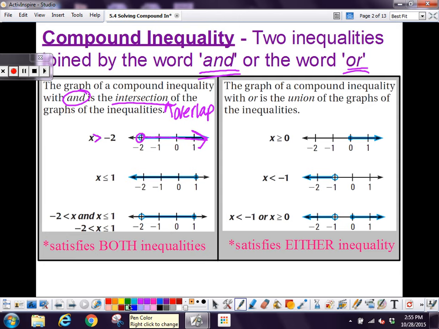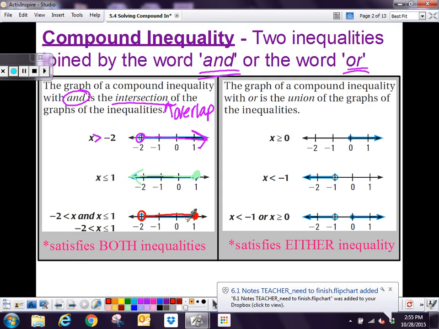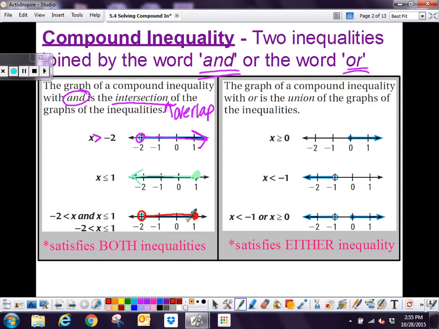On the second line, we have everything less than or equal to 1. And if we were to put these graphs on top of each other, the only place that they would overlap would be from negative 2 to 1. Okay, so it satisfies both inequalities. Okay, so that's the word and.